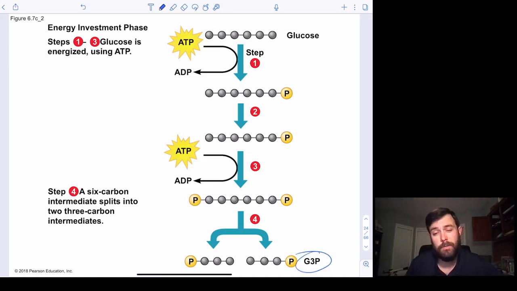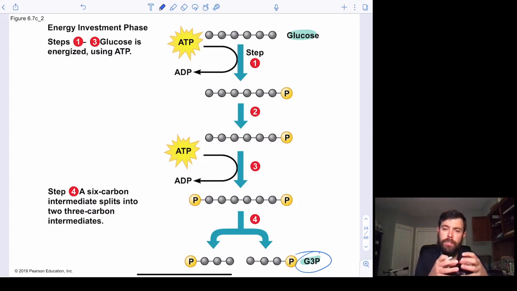Remember, we talked about in photosynthesis that photosynthesis actually made G3P out of the Calvin cycle, and G3P went on to make sugar. Well, this transition from glucose to G3P can happen with any sugar at this point. So if you had fructose or galactose or sucrose or maltose or all the oses, this process has to happen first to get it to G3P.